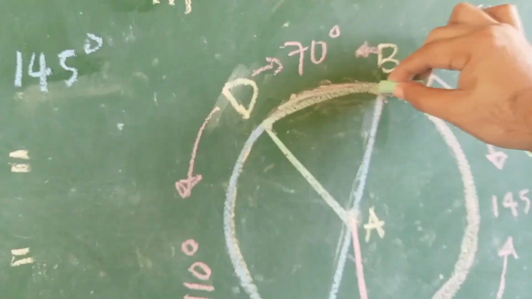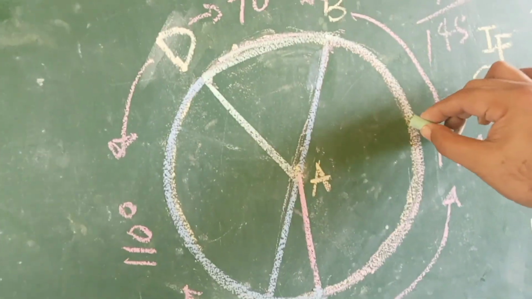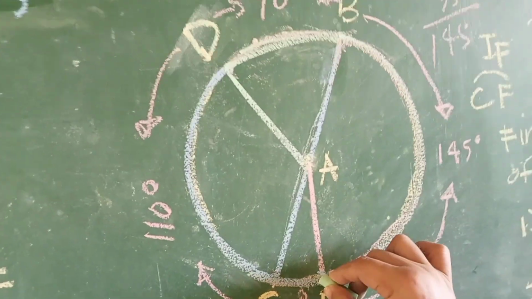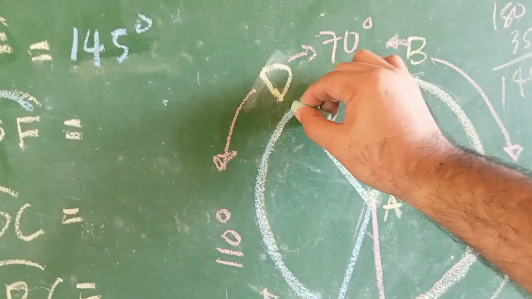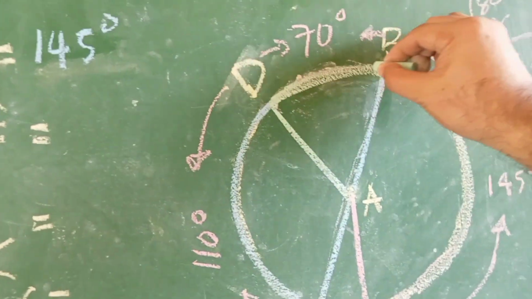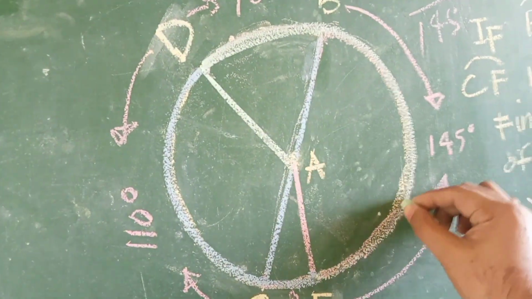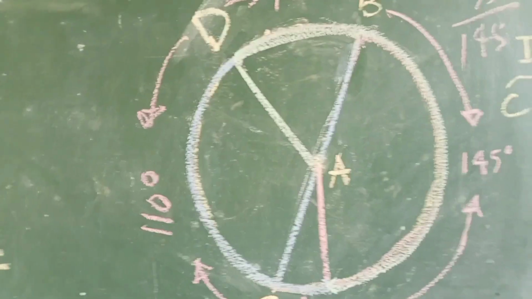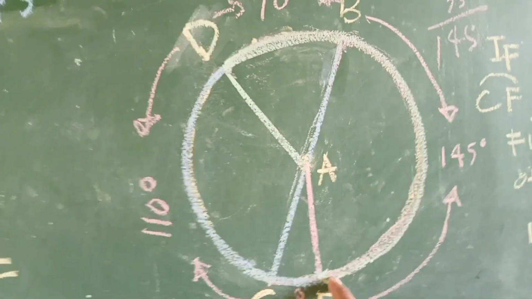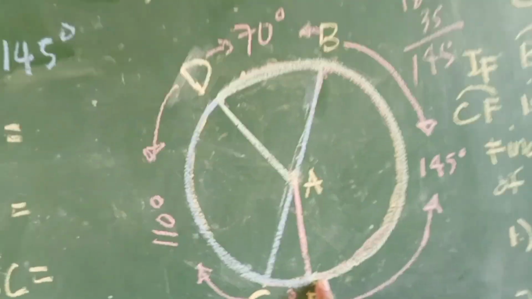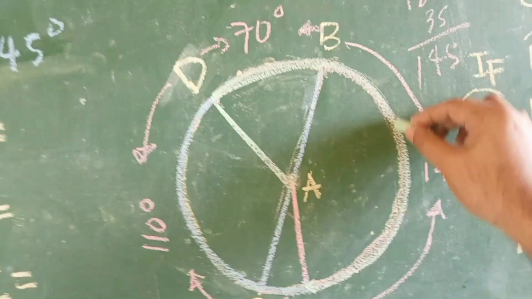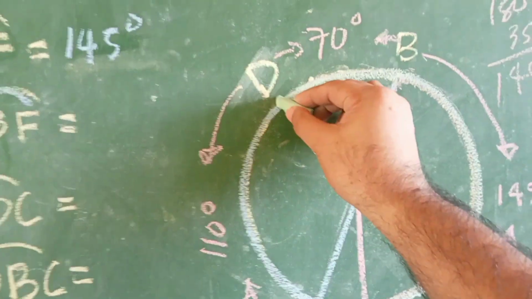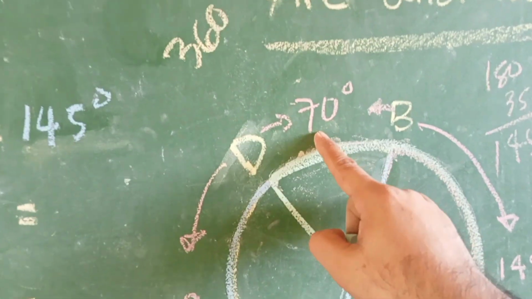Passing through the circumference here, this is now the arc from point D passing through point B up to here. Can you now give the exact measurement of this major arc? From point B up to F, the exact measure is 145 degrees, and from D to B is 70 degrees.